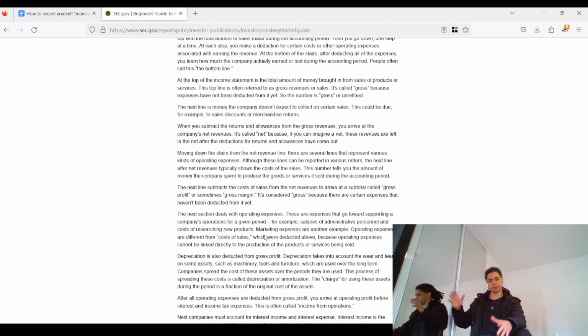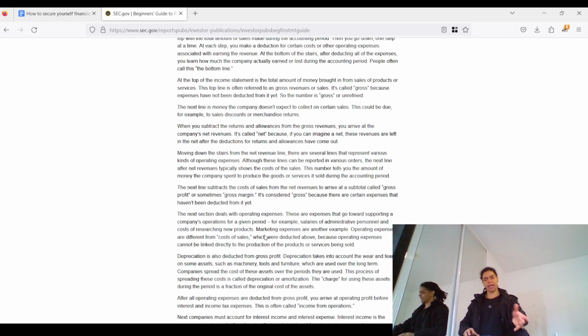And income taxes are taxes that a company owes to the government. And if that company is a multinational company, now you have to pay income taxes in different jurisdictions. So the bottom line of that shows you the net income of that company.